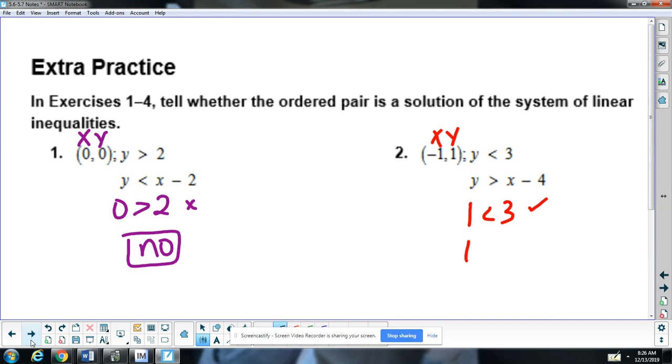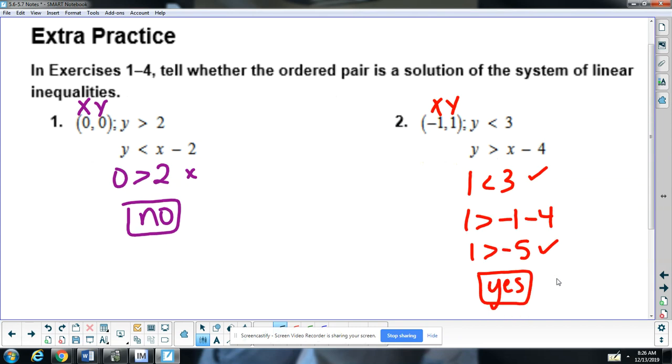So I put a 1 in for my y, bring down my greater than, put in a -1 for the x, bring down my -4. Then I have to do a little bit of math right here on the right side. So I'm going to bring down my 1 is greater than. Now -1 minus 4 gives me a -5. Is 1 greater than -5? Yes, it is. Since this worked in both inequalities, this would be a solution. Yes.